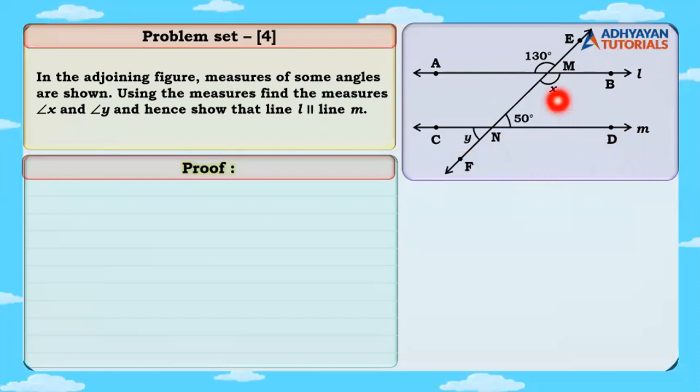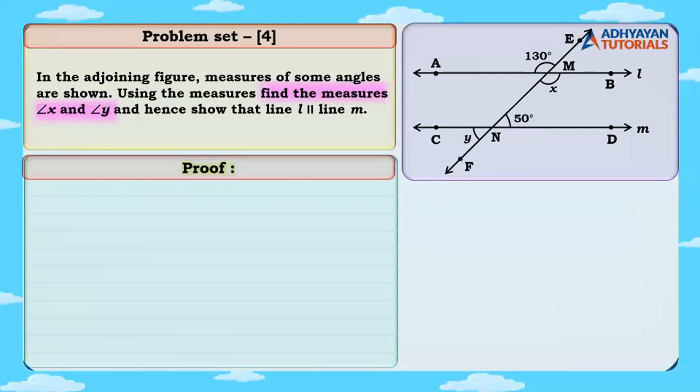Now, children, if you look here, in the case of x, for angle x, x is equal to 130 degrees. Why? Because they form vertically opposite angles. I hope everybody remembers what vertically opposite angles are. They are formed when two lines intersect each other at a point, right?